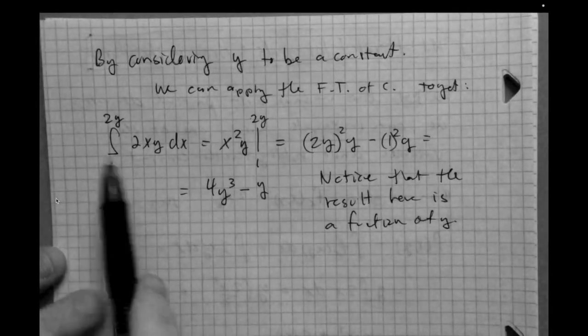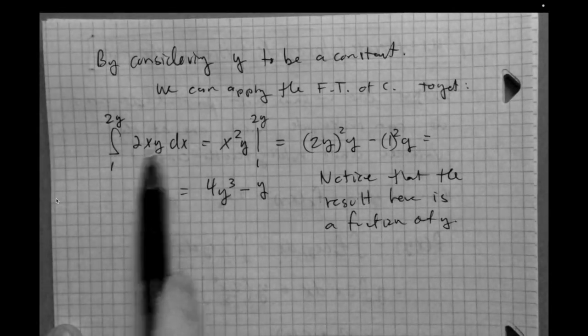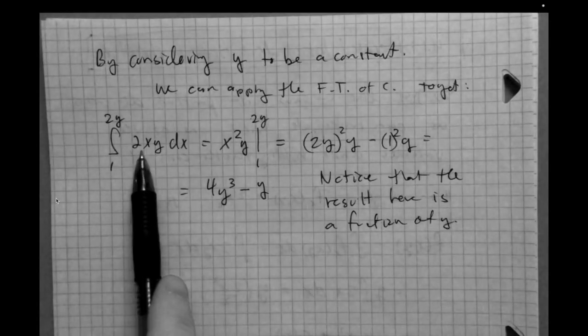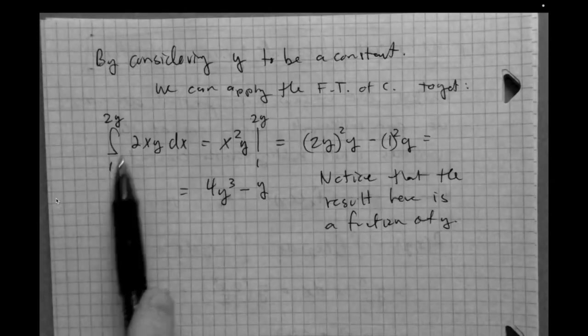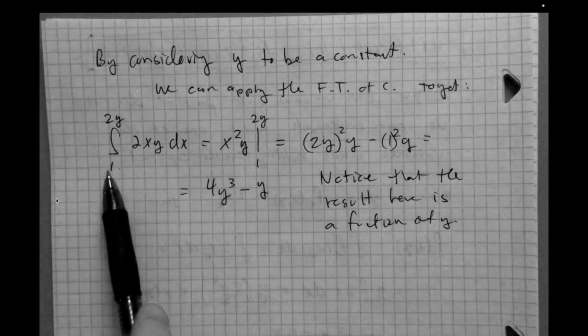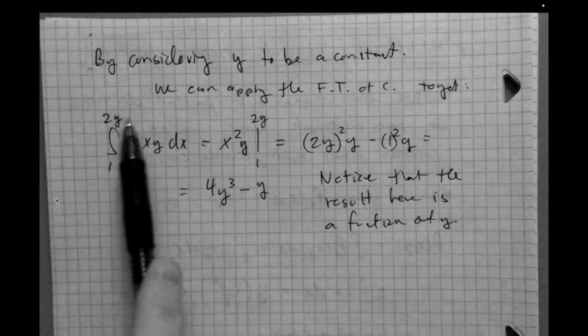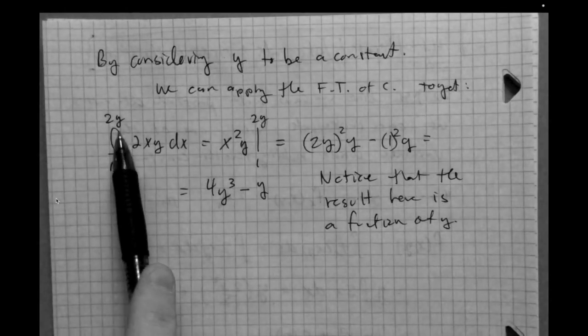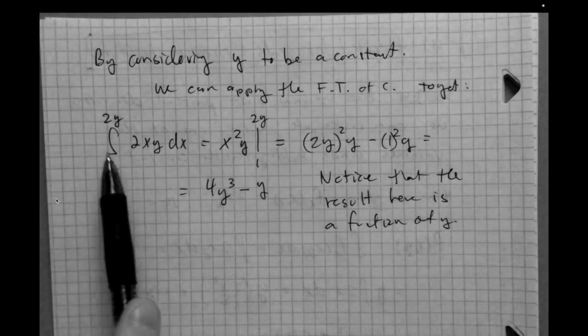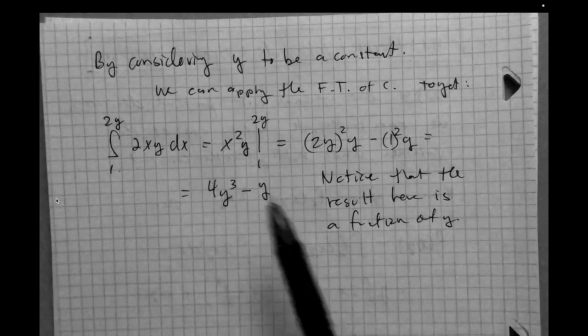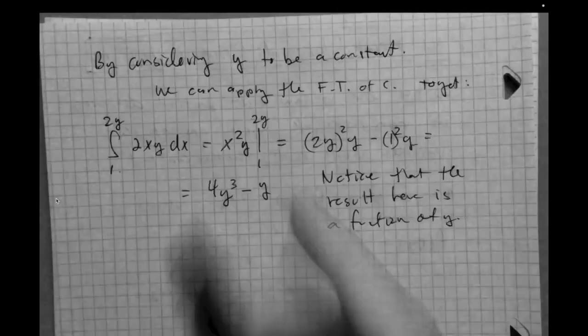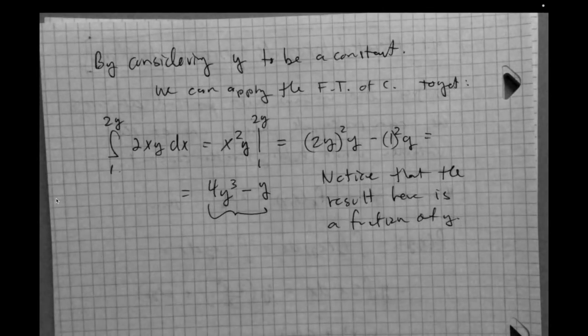Right, so we had this multivariate integrand, which we want to integrate with respect to x. Now what we did in this example is we had a constant as the lower limit of integration, but we had a function of y as the upper limit. And when we do this, just in the normal way we treat definite integrals, what we see is that the result is a function of y.